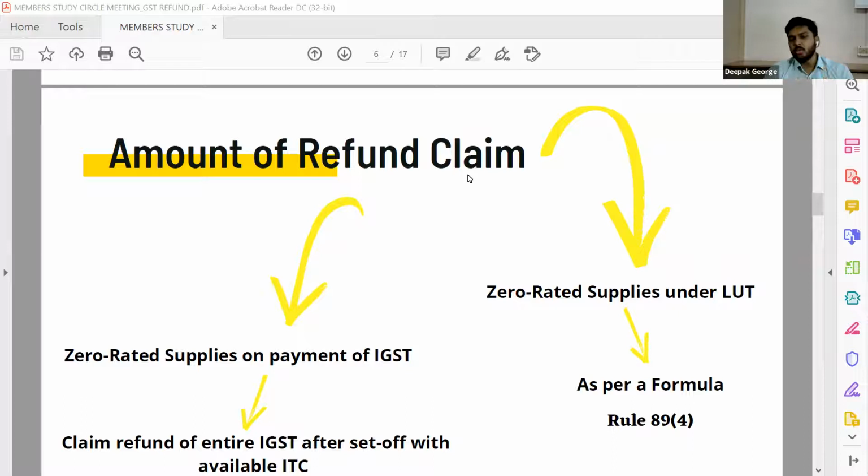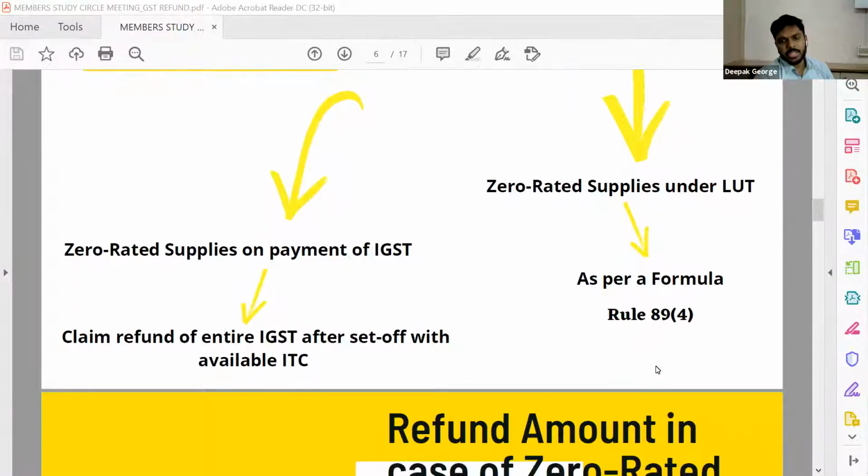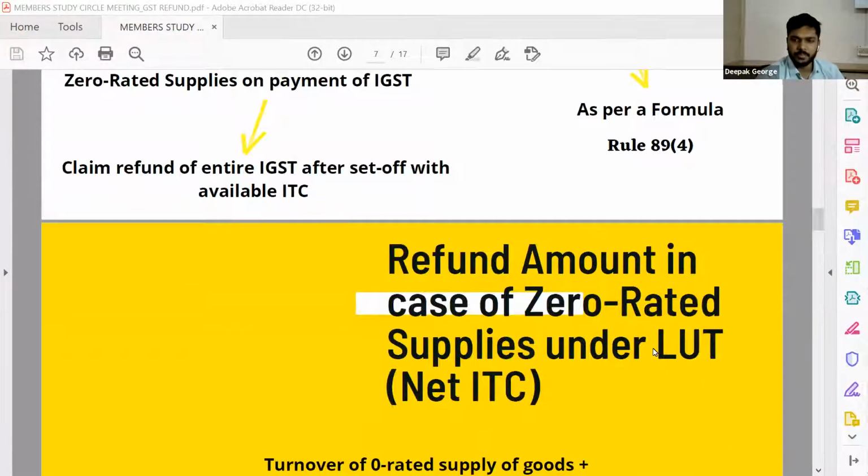So Rule 89 sub Rule 3 explanation talks about the formula which you should use to compute how much of ITC that you should put for claiming of refund. And that is in 89 sub Rule 4 of the CGST rules 2017.